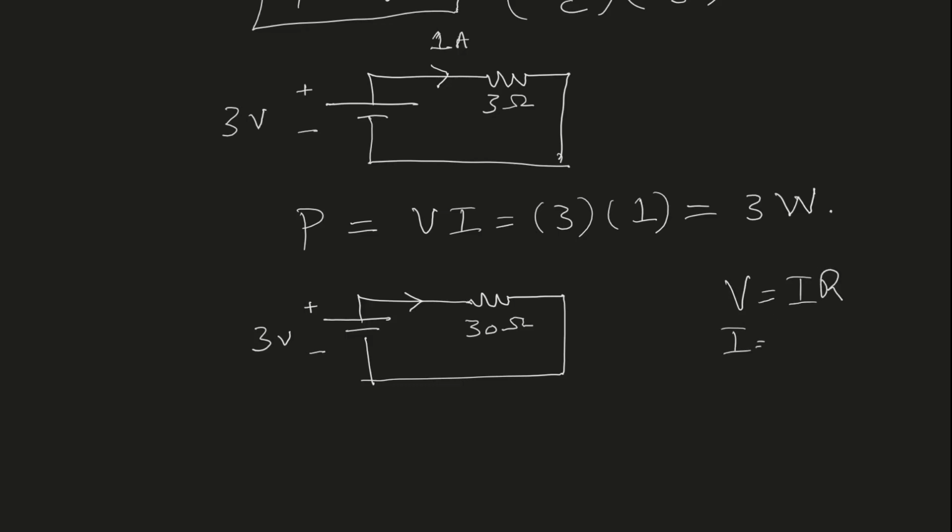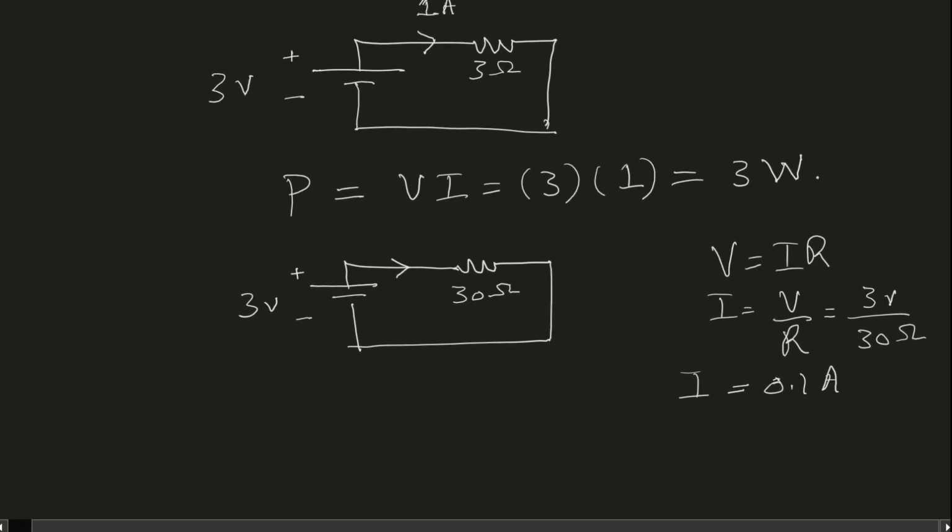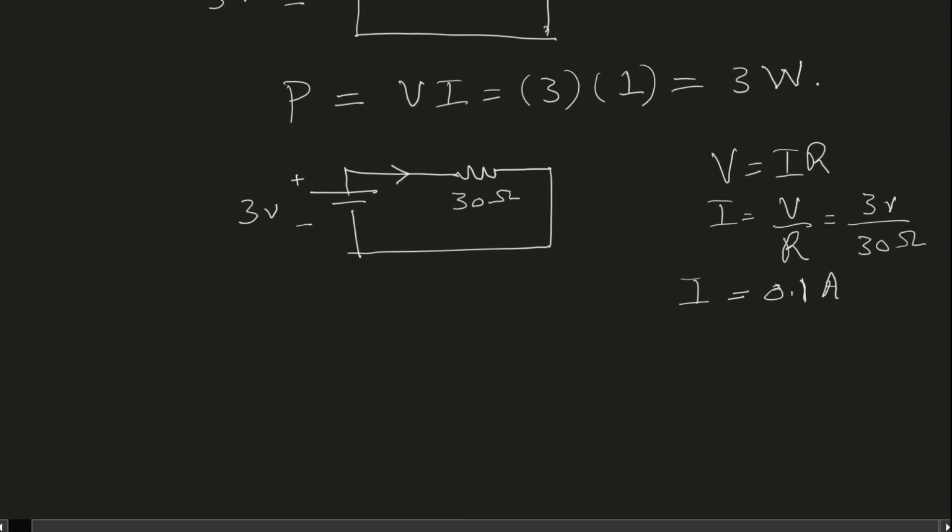So the current that is produced in the circuit will be voltage divided by the resistance, which is 3 volts divided by 30 ohms, which is now 0.1 ampere. And now you can see, as I increased the resistance in the circuit, the current has decreased, right? The current has now decreased by a factor of 10 because I have increased the resistance by a factor of 10.